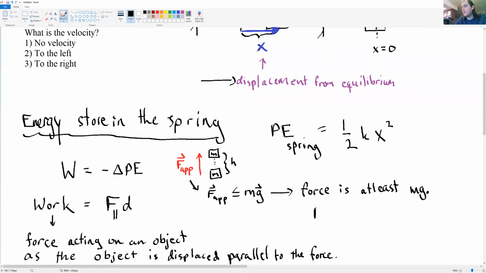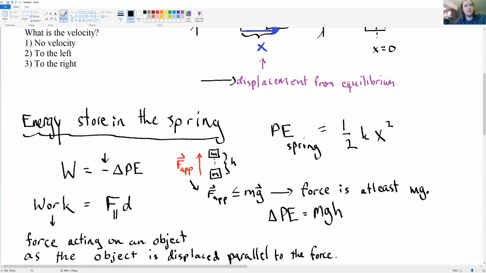So m, g, h. The potential energy, or rather the change in potential energy, is equal to mgh. And you might be wondering where this minus sign went. Let's address the minus sign quickly.